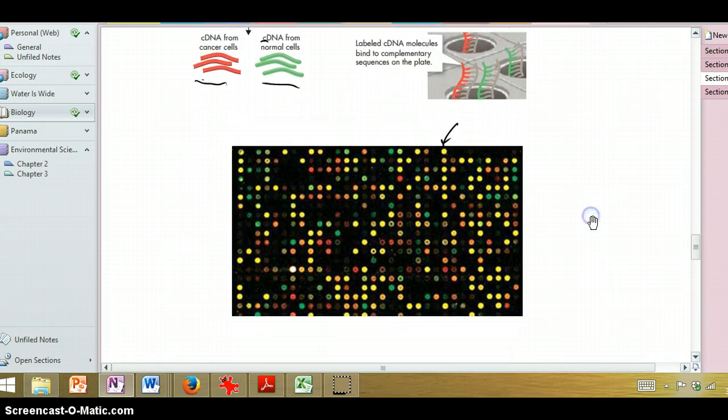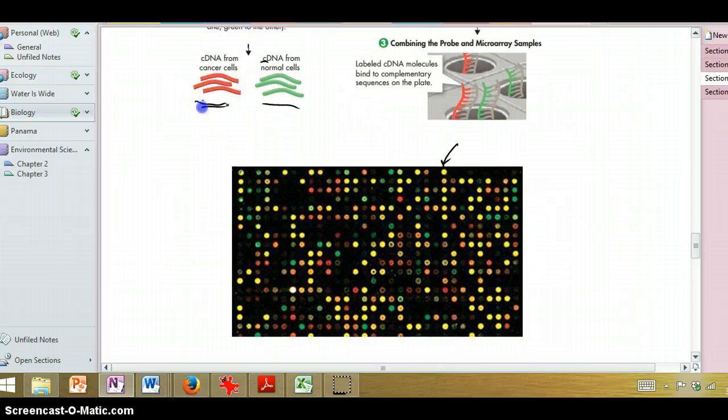Where the dot is reddish or orange, that means it's a gene that's primarily being expressed in the cancer cell, where it's greenish, that means it's being expressed in the normal cell. If it's in between, a pale yellowish orange color, like perhaps this one right here, that's one that is being expressed by both types of cells.